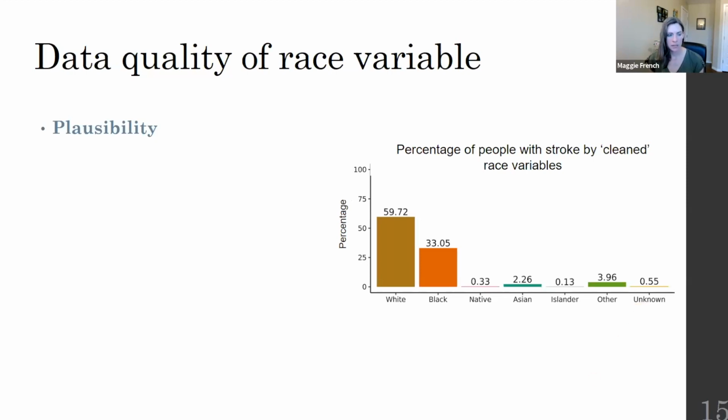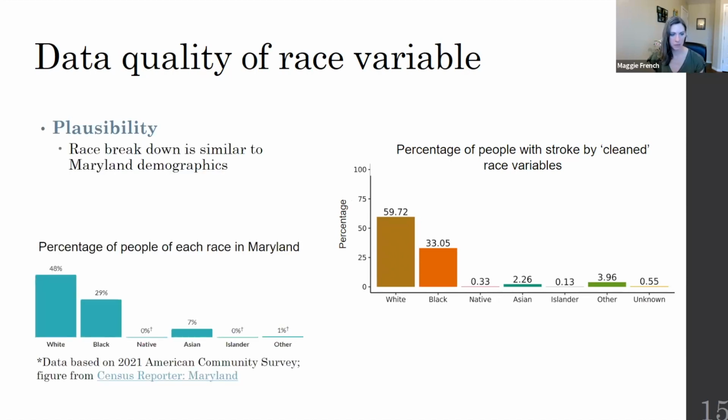To understand the plausibility of this, we can compare this again to the census data. So what I'm showing in this plot here on the left is the census data for the state of Maryland. And you can see that the percentage is fairly similar when you look at our repository data and then the statewide data, indicating good plausibility compared to that external data source.